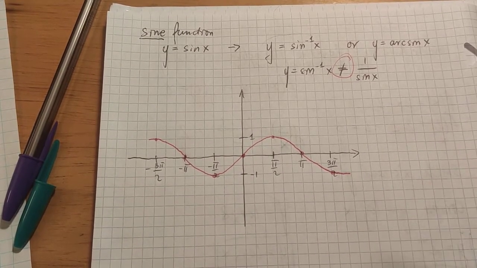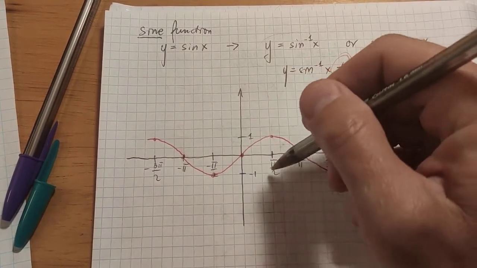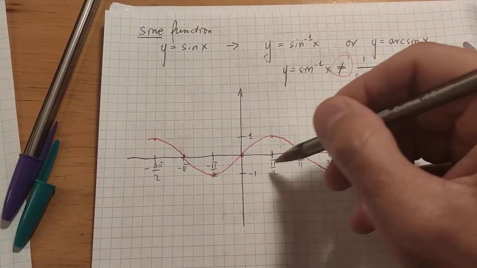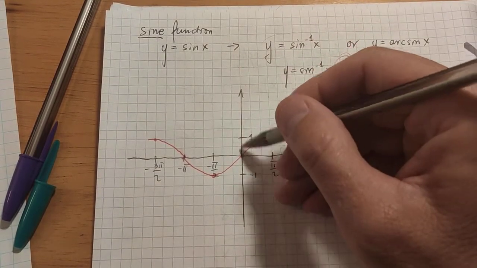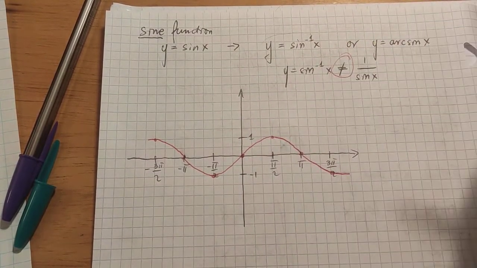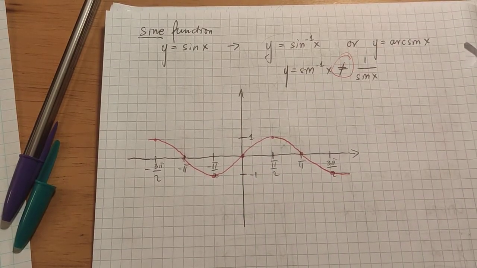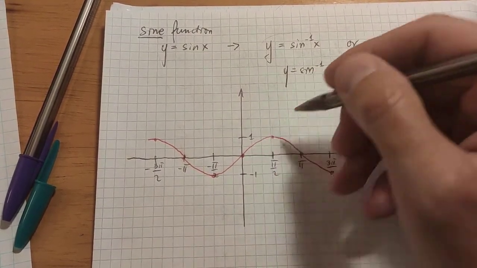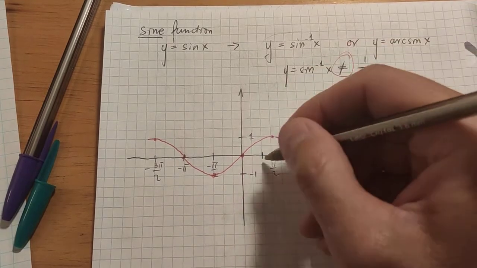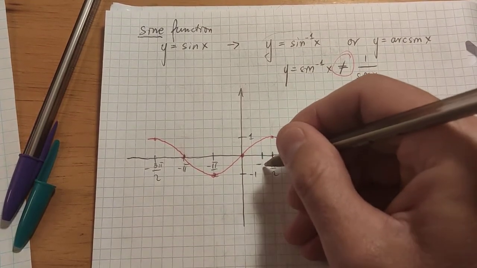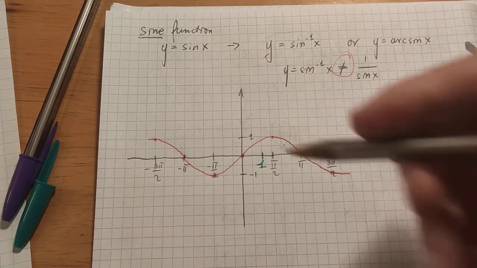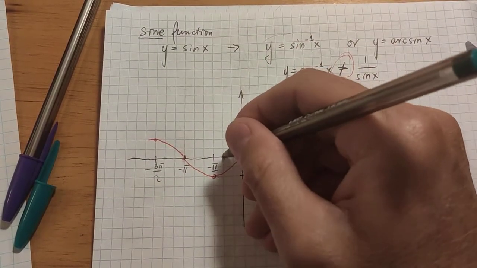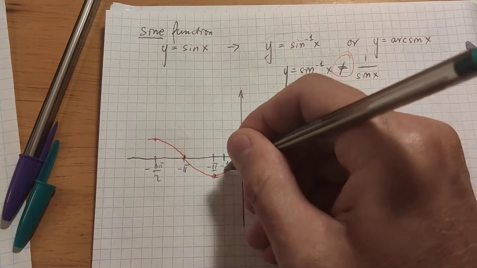So the pi's, the angles, will be on the y-axis, and this -1 and 1 will be on the x-axis. And so this is the positive x-axis, so this is going to be +1, not -1. Okay, so this is the negative side, so it's going to be -1 here.